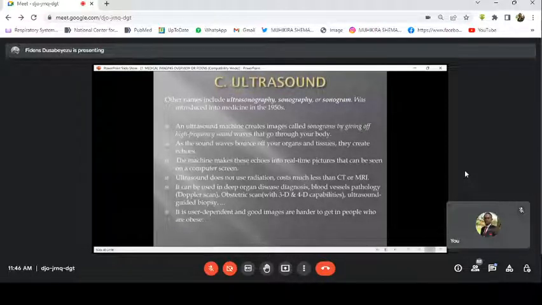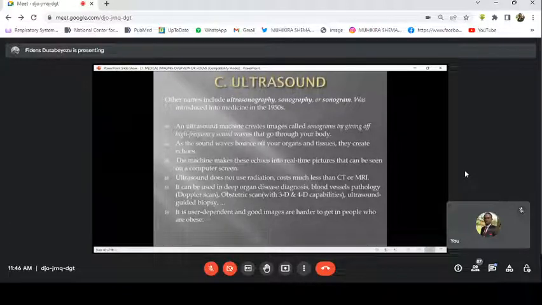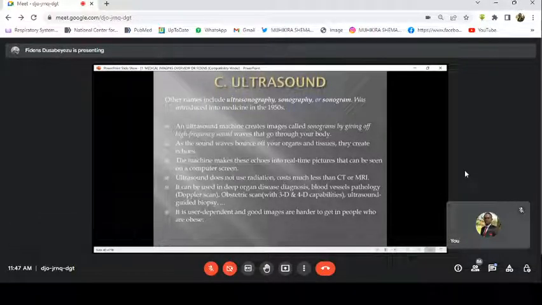It has an interface space that can receive the waves from the body. It sends the waves through the body, but also receives the waves from the body. So now, hear me very well. When you switch on the machine and apply the probe to the body, the sound waves will go in and meet different structures.